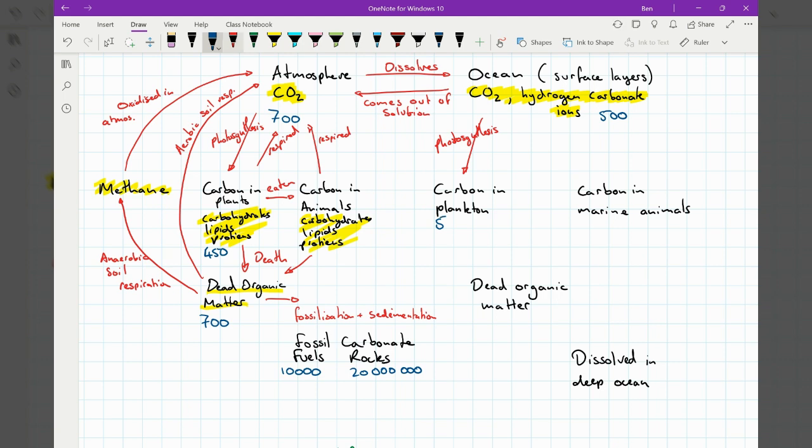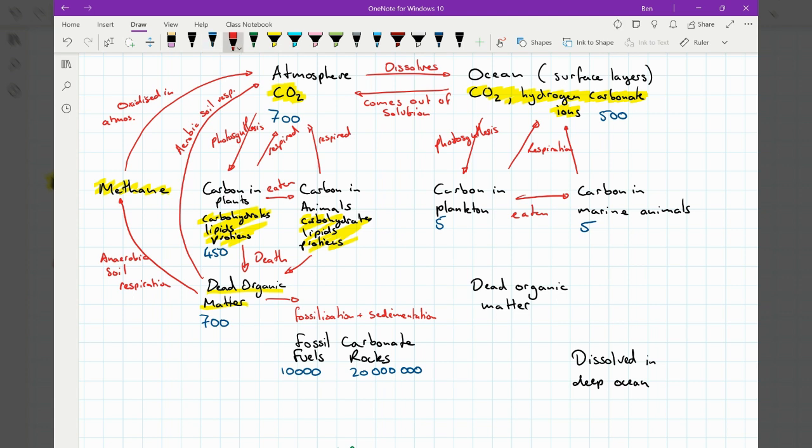And then it is either respired by the plankton itself or the animals that eat it. And there we go, eaten. And that would make another 5 billion tons.